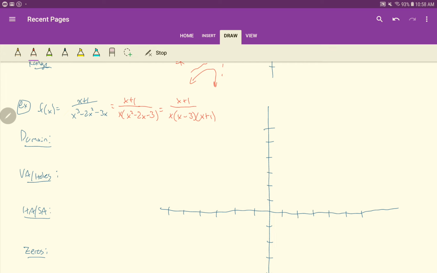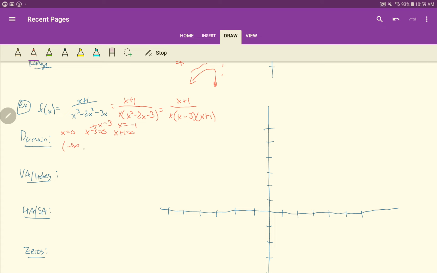And so we can now talk about our domain. What are the domain values that will be restricted here? Well, you can set x equals 0, you can set x minus 3 equal to 0, you can set x plus 1 equals 0, and so we'll get x cannot equal 3, and x cannot be -1. So what's our domain going to be?